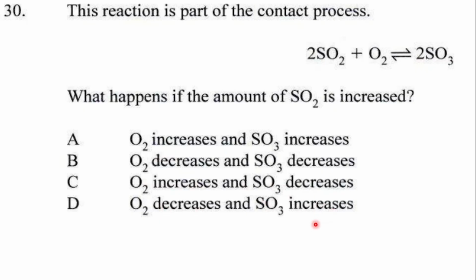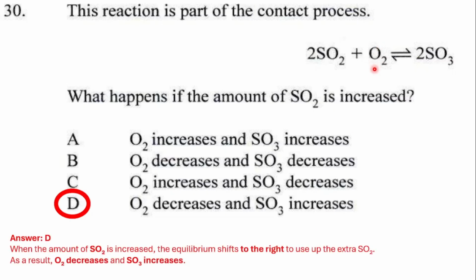But the correct answer is definitely going to be D, we're going to have the oxygen decreasing and we're going to have the SO3 increasing. And why is that? Because we increase this amount. So when SO2 is increased, the equilibrium is going to shift to the right.